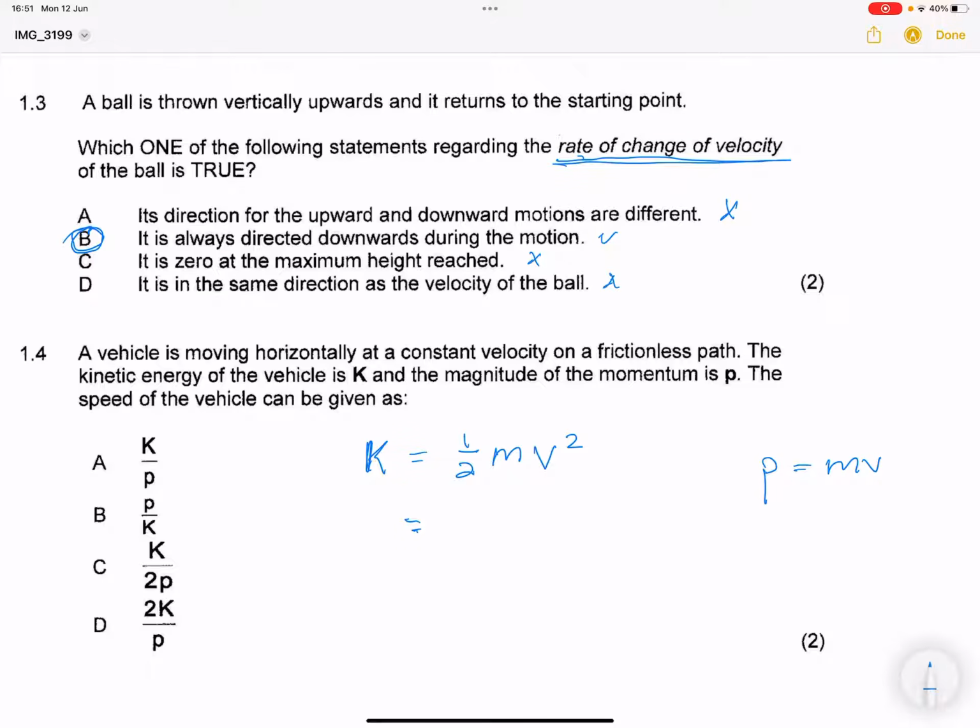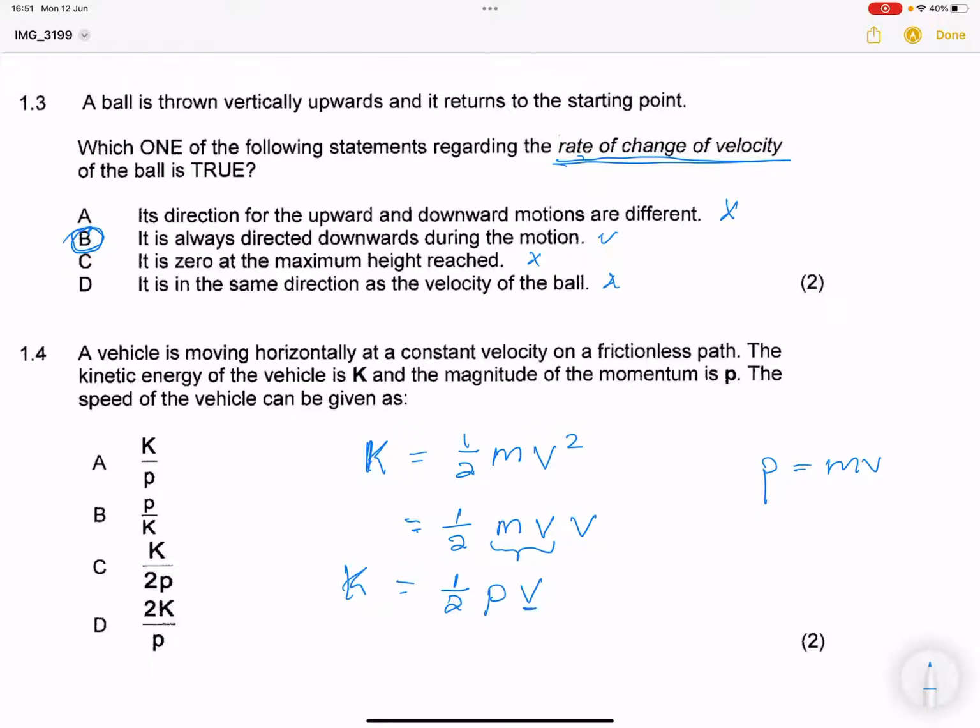So what I can do is say this is half m multiplied by v multiplied by another v. You can see how mv can be made into p. So this is equal to half multiplied by p multiplied by v, and this is equal to K.